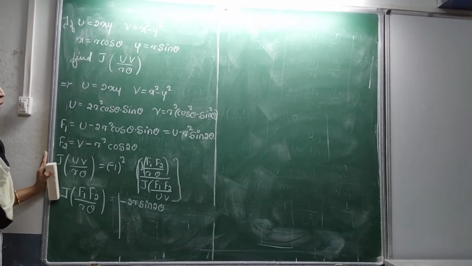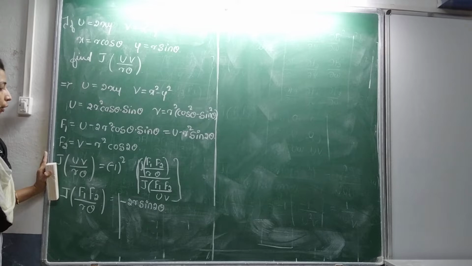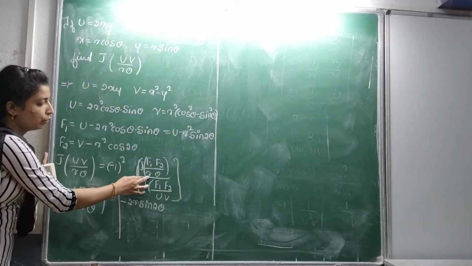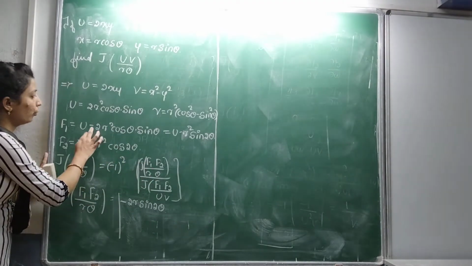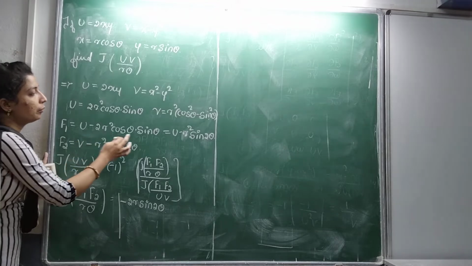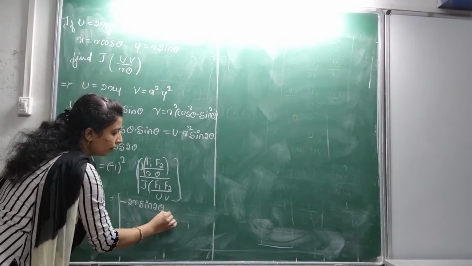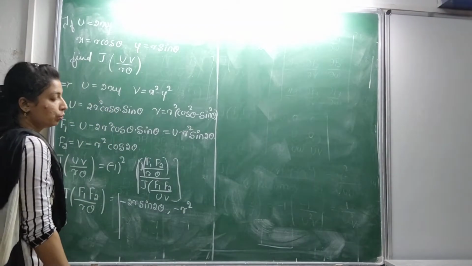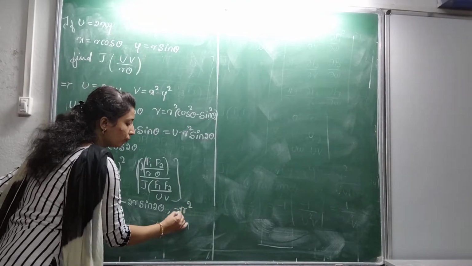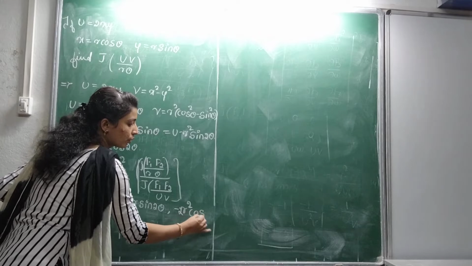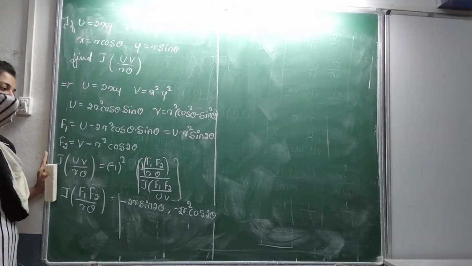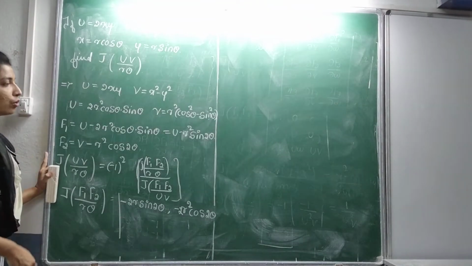Then dou f1 by dou theta, we have r square term as it is. Differentiation of sin 2 theta is 2 into cos 2 theta, so 2 r square cos 2 theta.